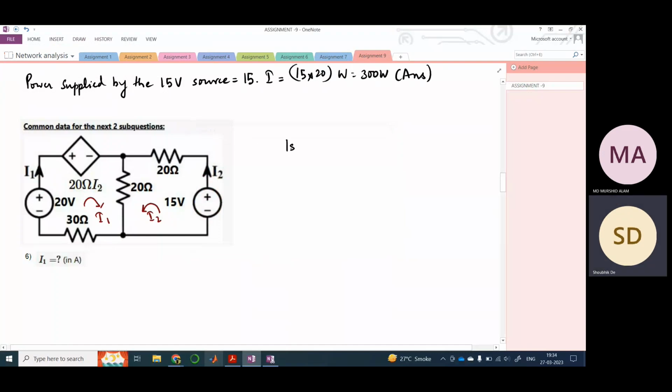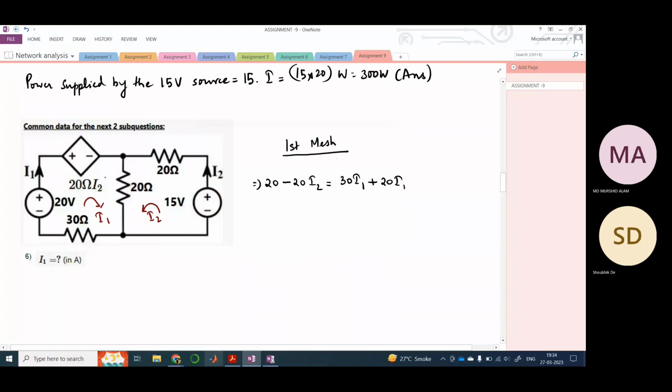So let us solve the first mesh, right? So this would be what, 20 minus 20 I2, which would be equal to your 30 I1 plus 20 I1, and again the directions of current I1 and I2 are both the same, looking at the 20 ohm, right?